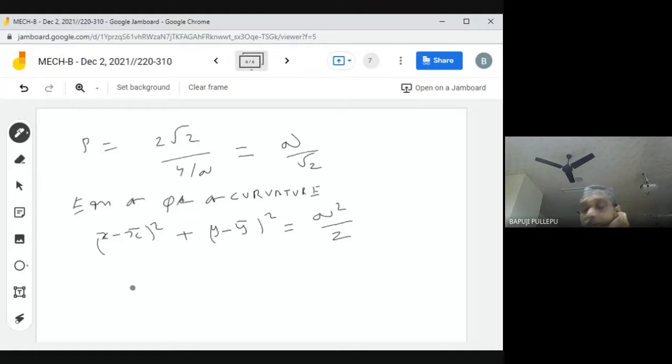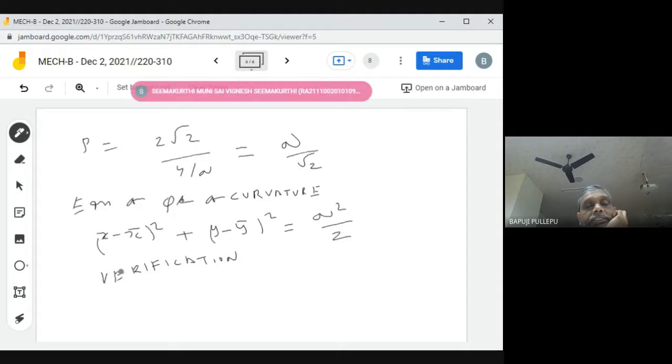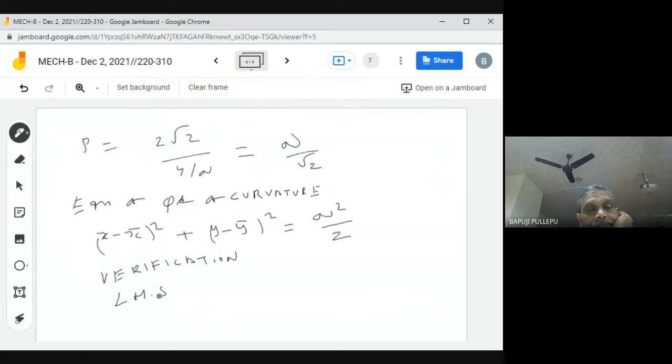Now if we want to verify and check whether it is correct or not, how will we do it? Now you can take the LHS. What is LHS? x minus x bar whole square plus y minus y bar whole square. What is x actually?